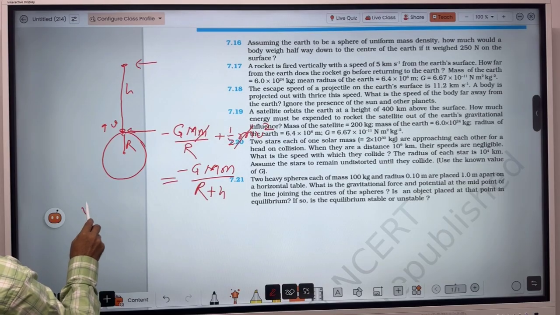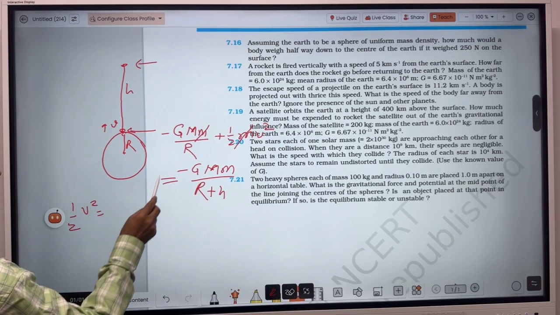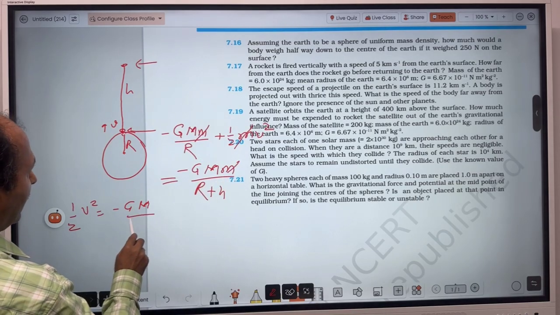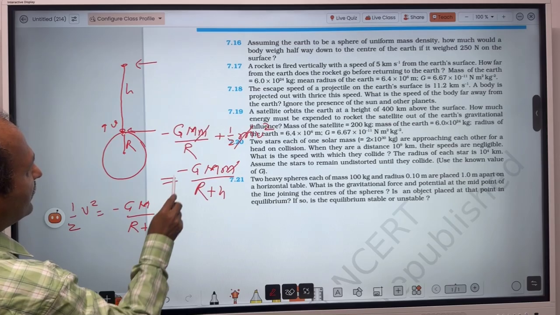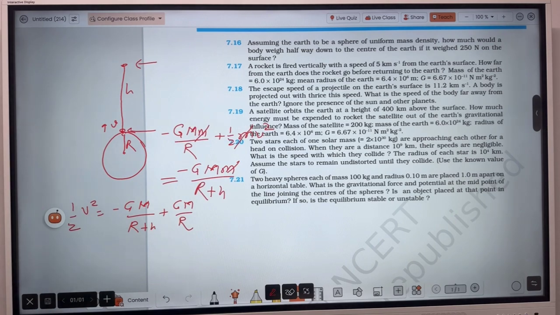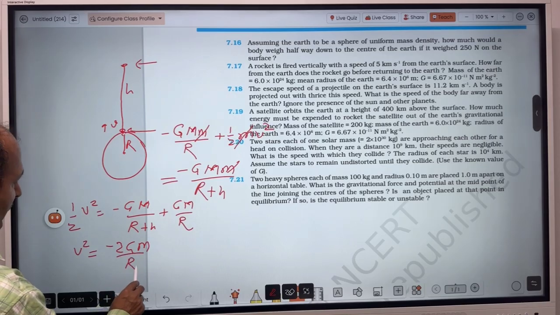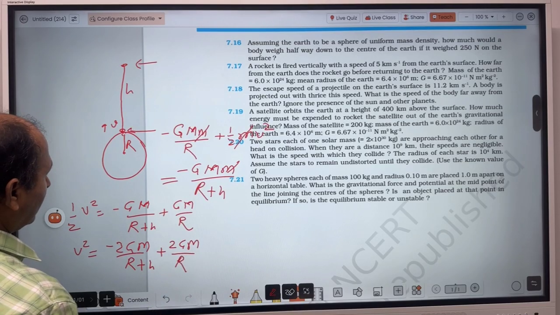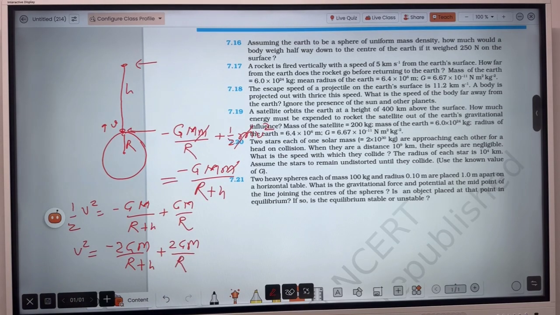It will become 1 by 2 v square equal to minus GM divided by (R plus h) plus GM upon R. Now if we multiply each term by 2, v square equals minus 2GM upon (R plus h) plus 2GM upon R. Our concern is to get R plus h.